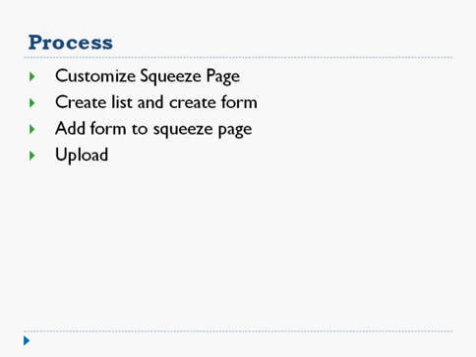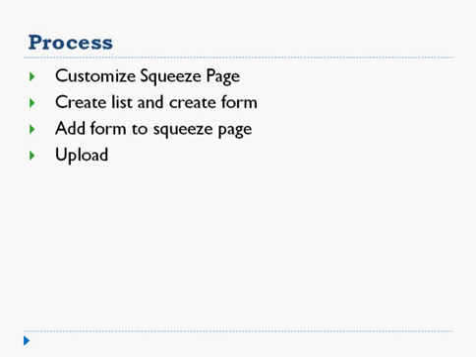Now, some of you may not have a squeeze page. The purpose of a squeeze page is to get people onto your list so that you can add follow-up messages, follow up with them, and use it as a means to market your product. So if you don't have a squeeze page and it did not come with your private label rights ebook or report, then creating squeeze pages is very, very easy.